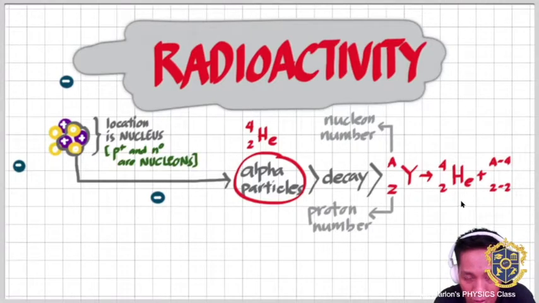They have been ejected from the nucleus, meaning we will have a different element after this atom underwent alpha decay, and this different element has a nucleon number 4 less and a proton number 2 less than the original.